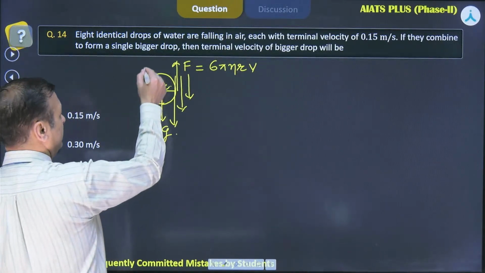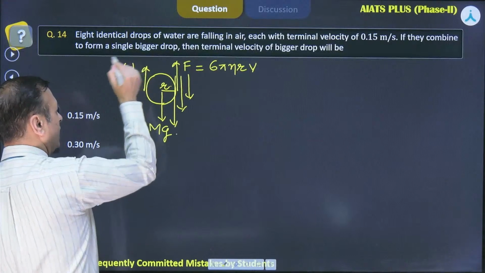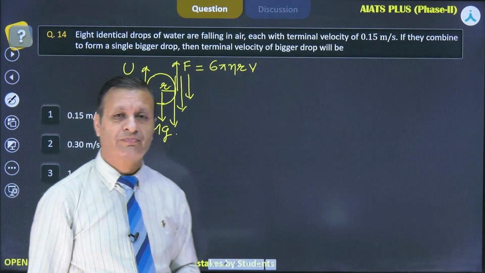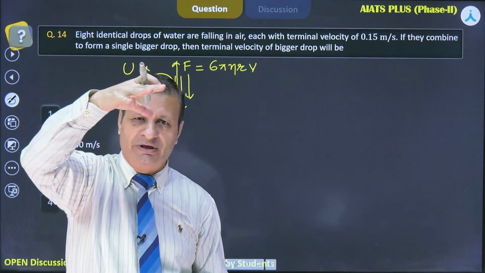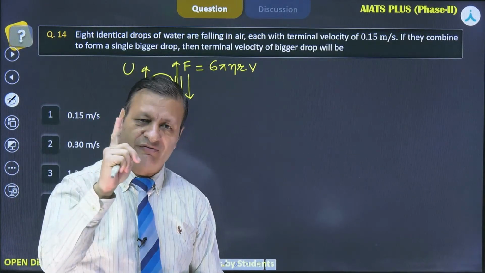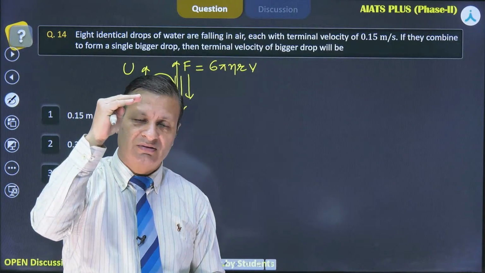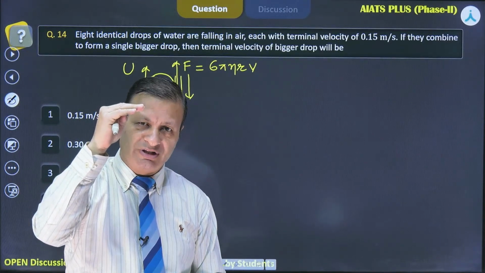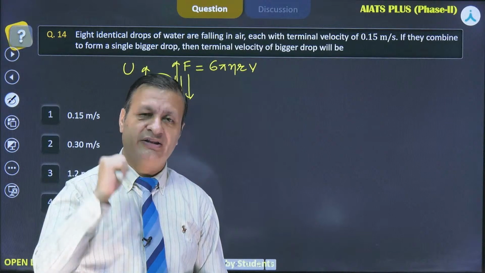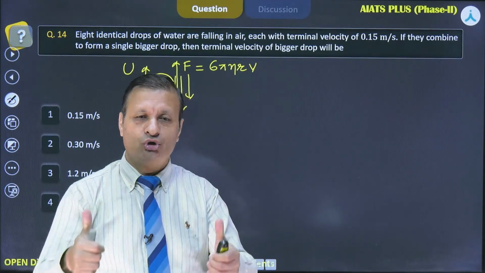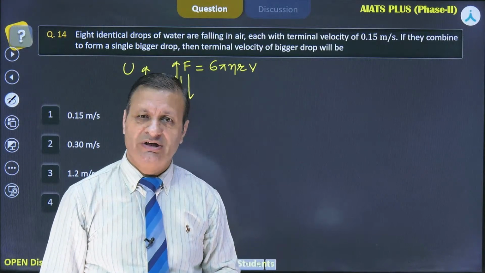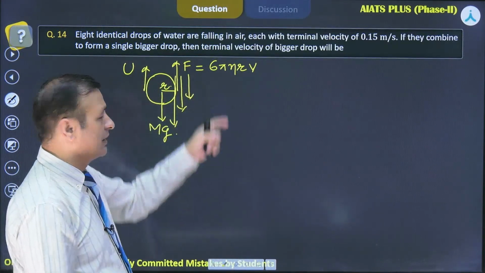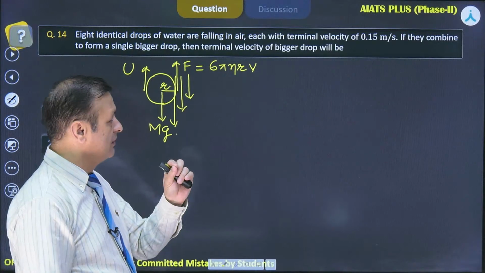Then because this is in a medium, we have a concept of upthrust also. So initially we just dropped it, so there was only one force. But as this spherical body starts its motion downward in the viscous medium, two other forces are acting simultaneously on it. One is upthrust and one is viscous drag.